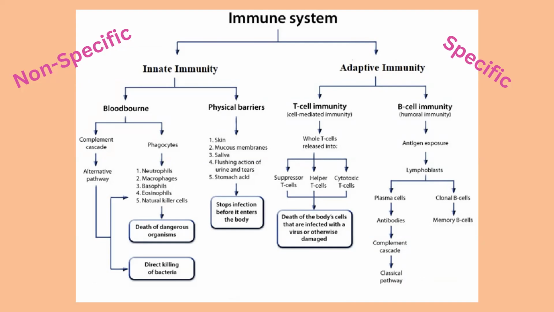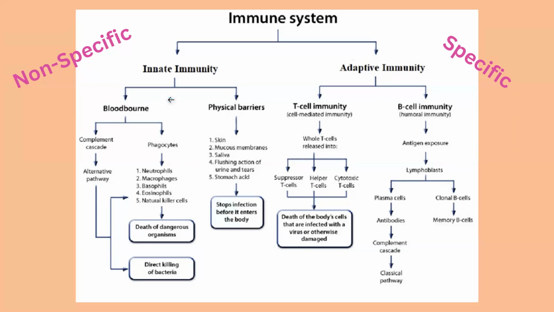So our innate immunity, innate means something that you're born with. So innate immunity is going to be something that we were born with. So this could be physical barriers such as our skin, our mucous membranes, saliva, actions like urinating and tears that help wash away substances, and stuff like our stomach acid. So all of these physical barriers are trying to stop an infection or a foreign cell from entering the body.